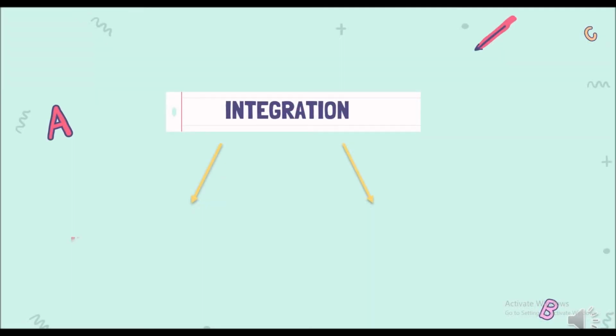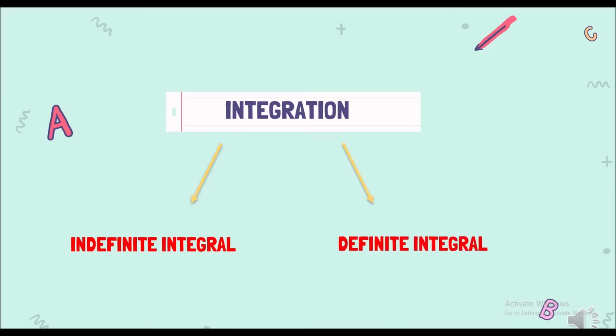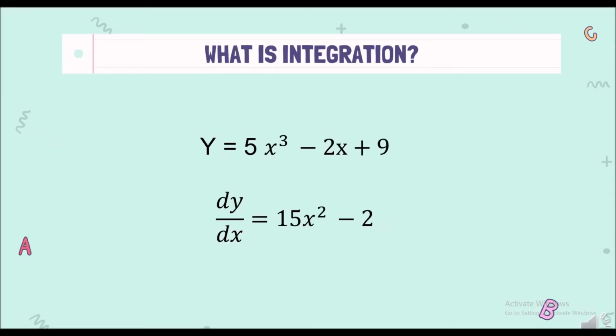Before we do examples, I want to explain a little bit about indefinite integrals and definite integrals. Indefinite integrals and definite integrals are under the topic of integration. What is integration? For example, y equals 5x to the power of 3 minus 2x plus 9.